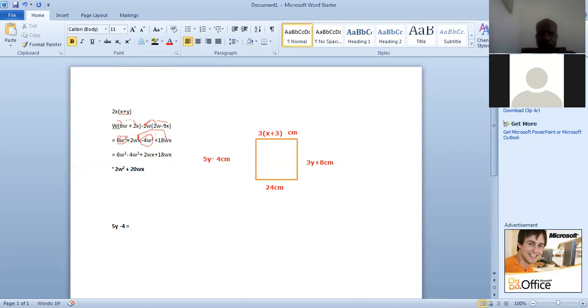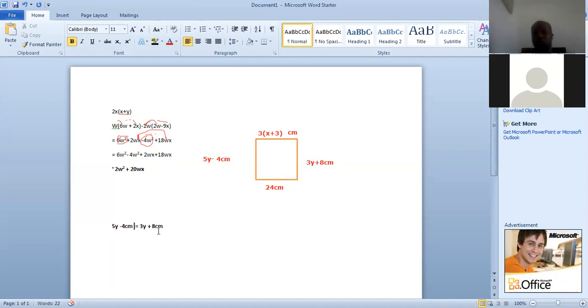Yes, is equal to 3y plus 8. These are centimeters, and this one is 4 centimeters. We don't have problems. These are numbers, we don't have problems with them.